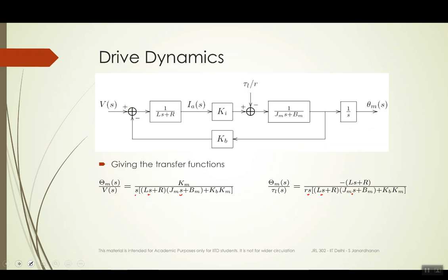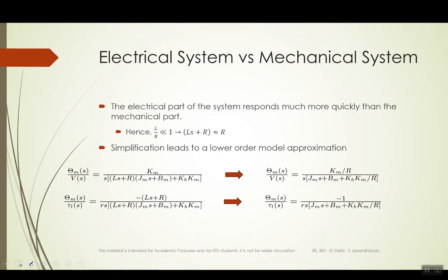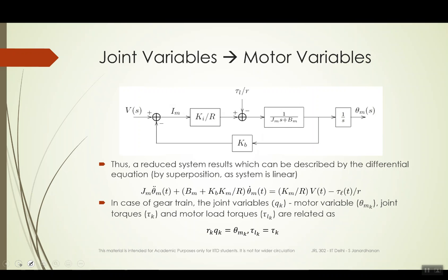So you have r times q is theta, and tau L at a joint is the same as the load torque that is experienced by the motor on the motor side also.